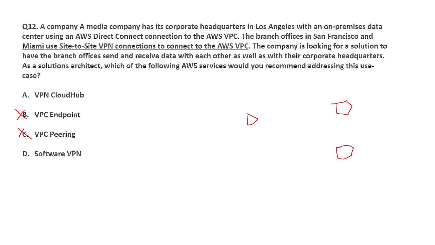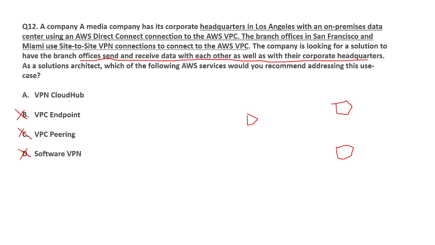The question says headquarters is in Los Angeles with an on-premise data center and a Direct Connect set up with the VPC, with branch offices in San Francisco and Miami. Offices need to send and receive data to each other and with their corporate headquarters. Software VPN is not doing that. It just maintains the connection, but it's not sending and receiving, so this option is also out.